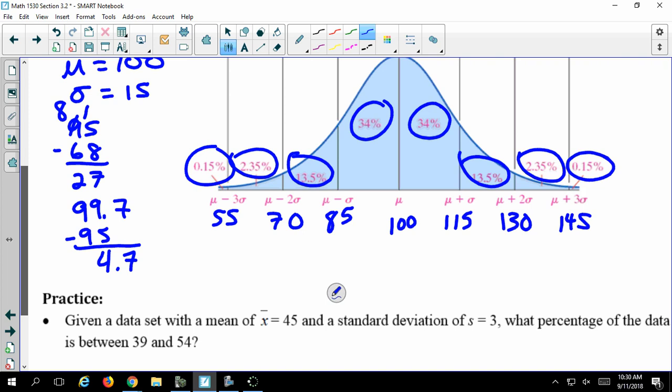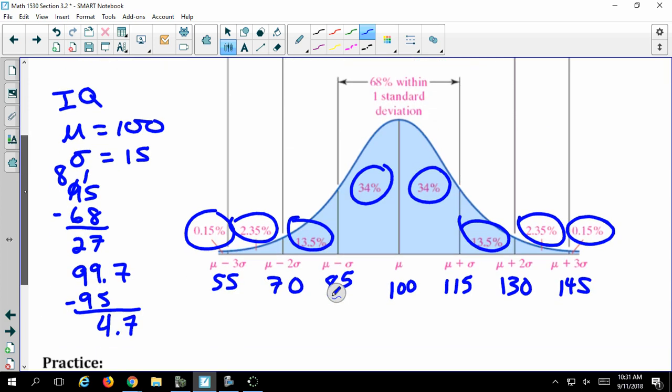Take your data, your mean and your standard deviation. You have to fill out these. Right? What's in the middle, and then count off standard deviations to the left and right. And then you can answer questions. Okay. So we're going to answer questions about this data.